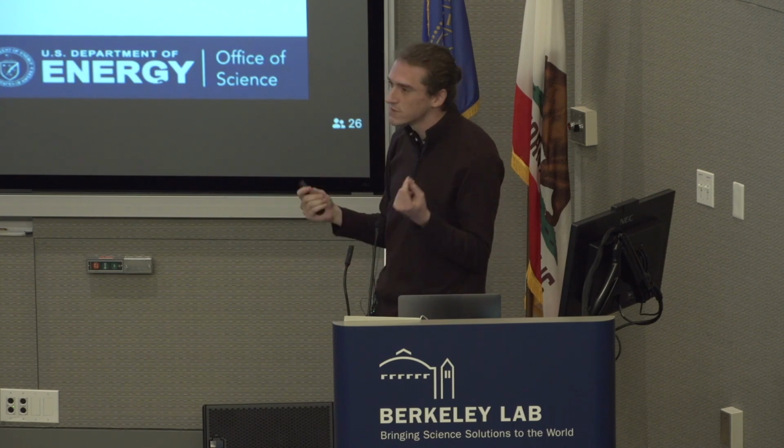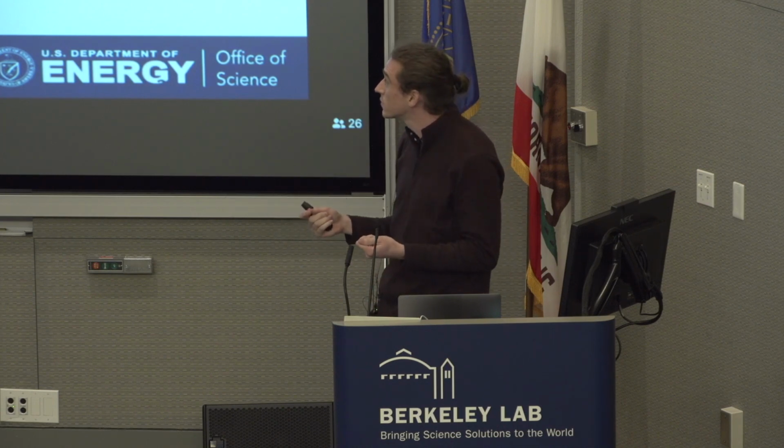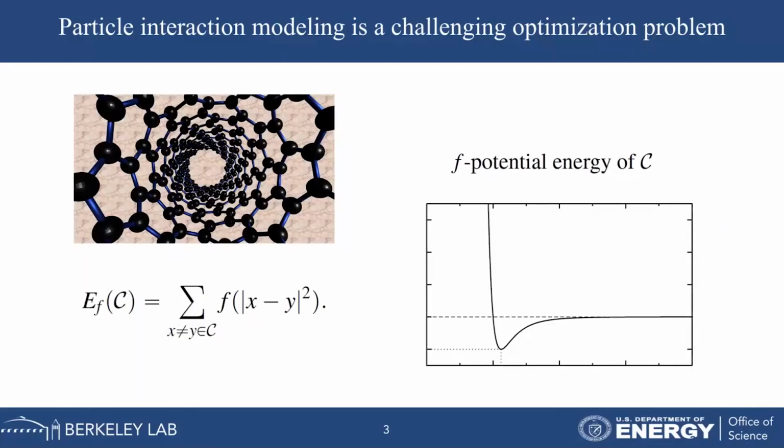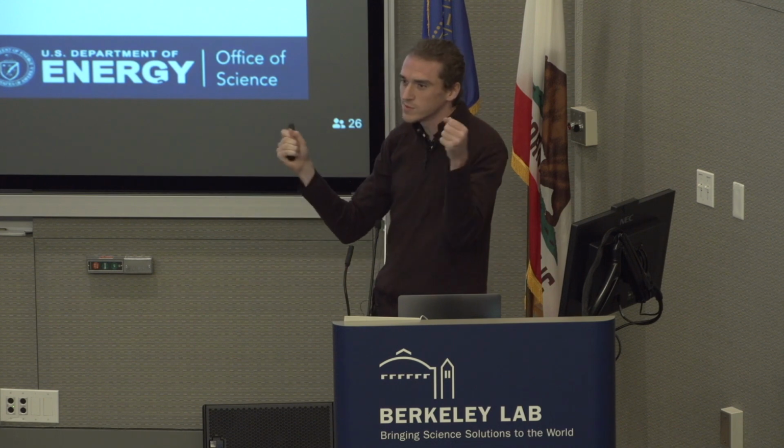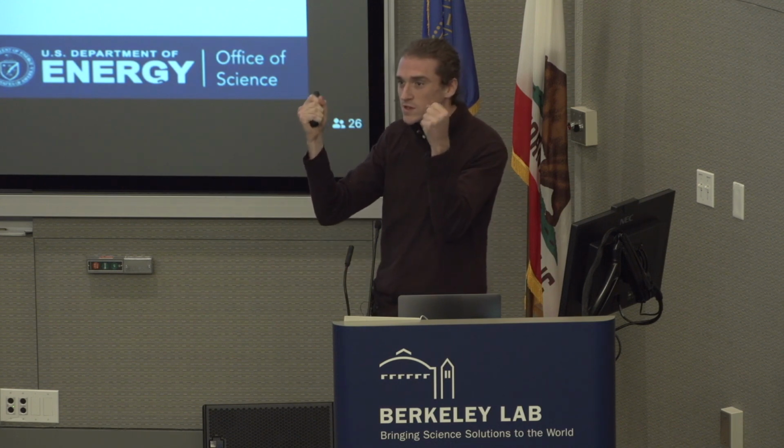A physically realistic model, you can think of electrostatic charges like electrons interacting, often has a strongly repulsive force in the short range to avoid collisions between particles. And in this specific case, you have an attractive force in the long range. If you look at just two particles and you optimize, you have a sweet spot where the energy is minimized amongst those two.